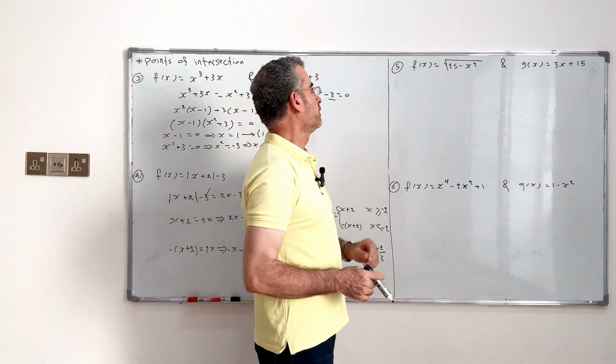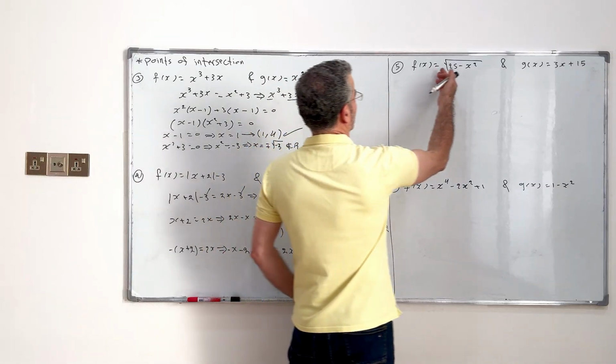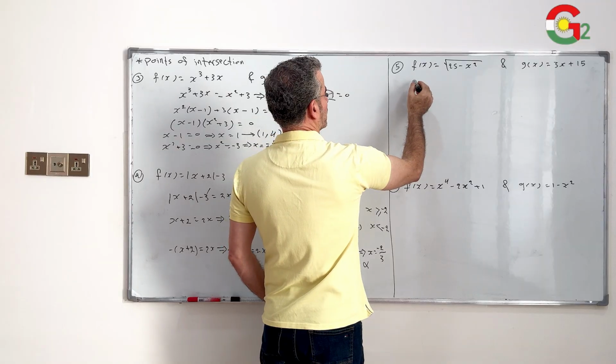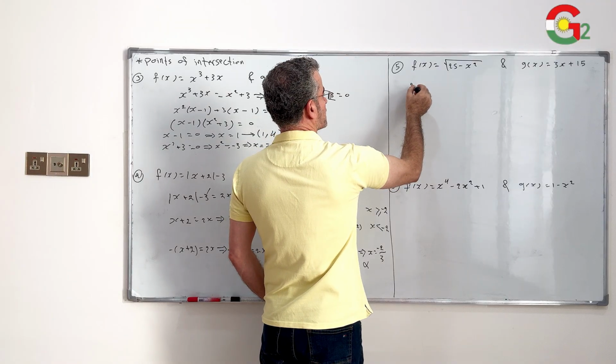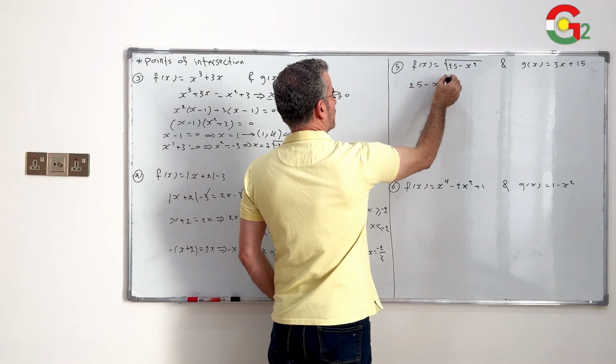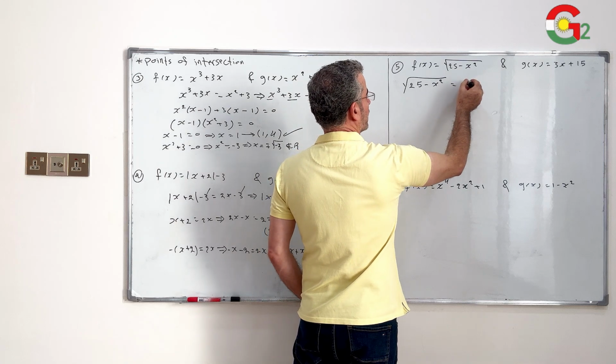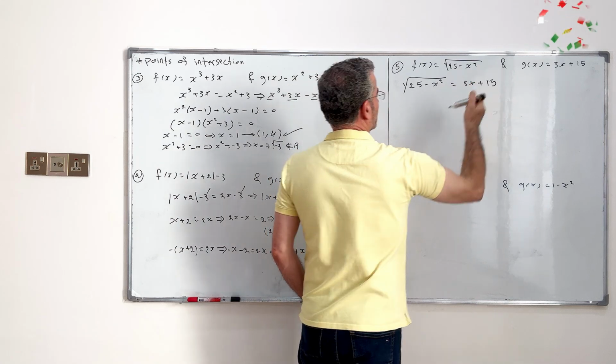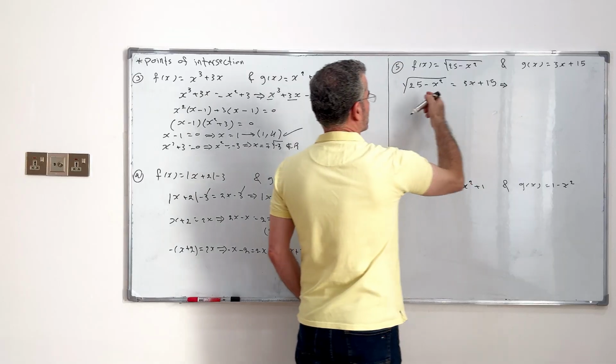Example number 5. Find the point of intersection of these two functions. I set f of x equal to g of x and solve to find x.